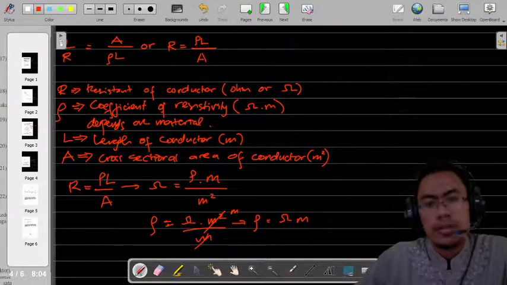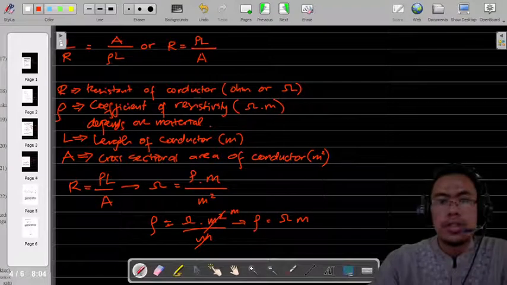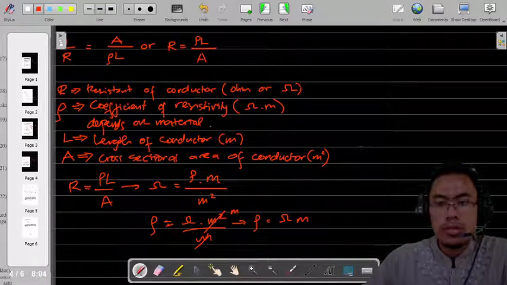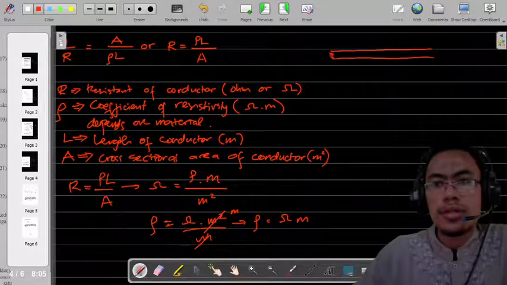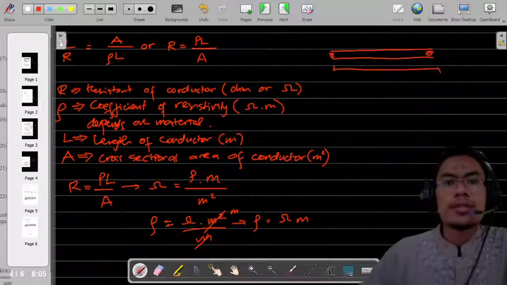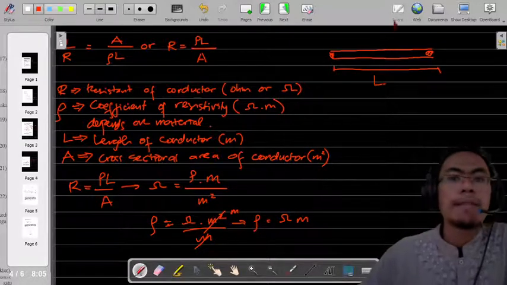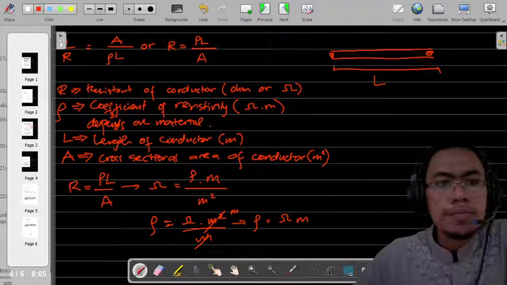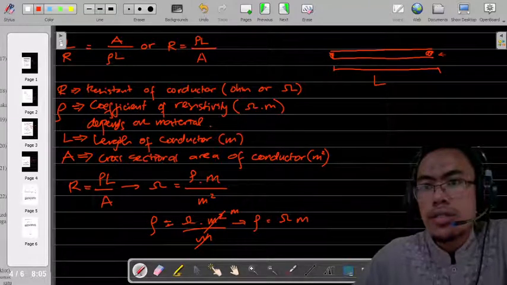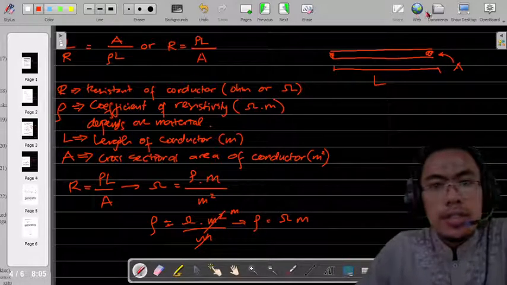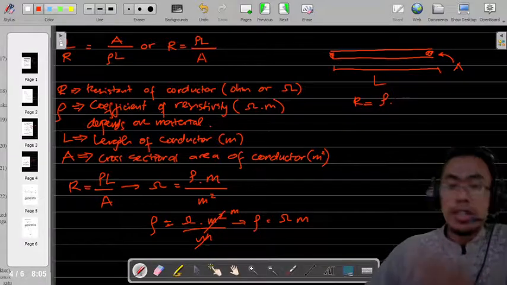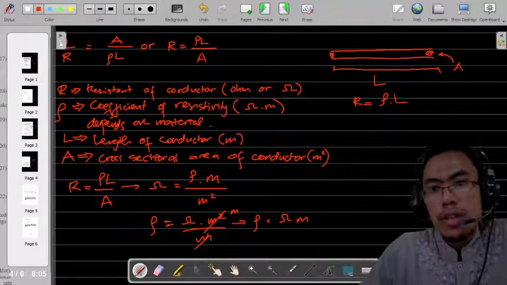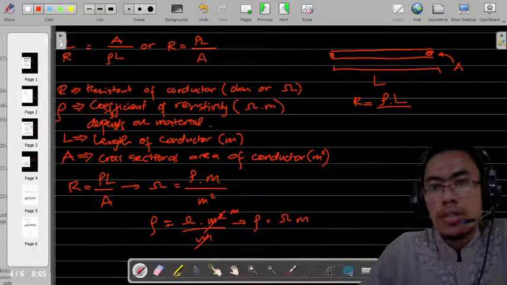Okay, so if we have a conductor here, and the length of this conductor is L, and it has cross-sectional area of A, then the value of R will be rho, which depends on the material itself, times L, length of the conductor, divided by cross-sectional area.